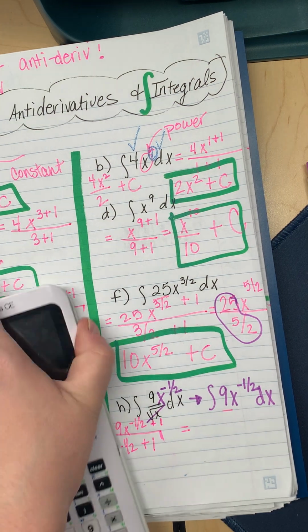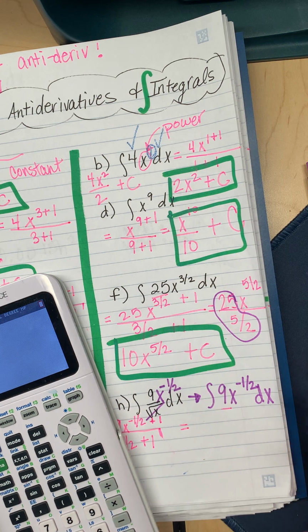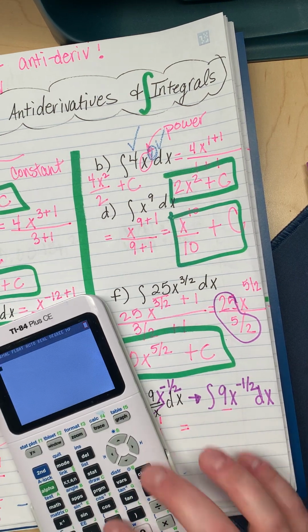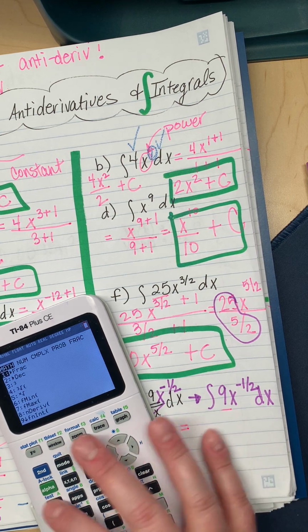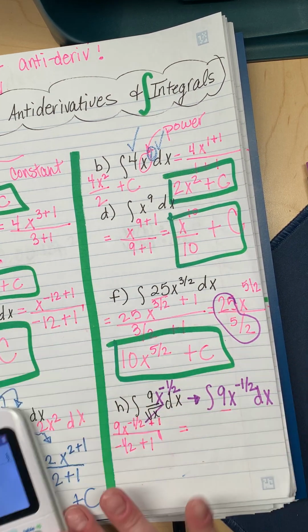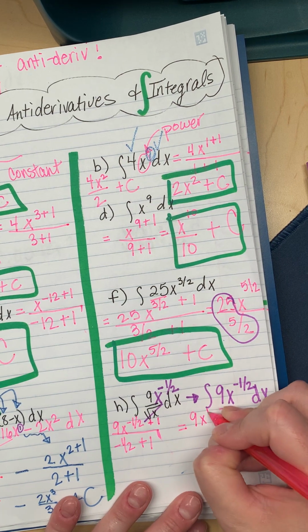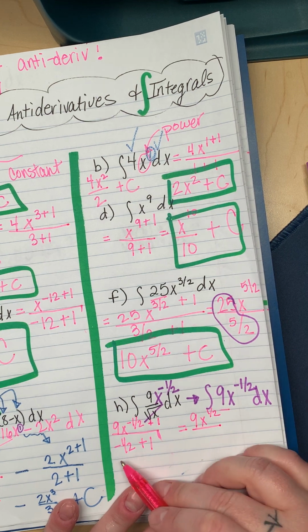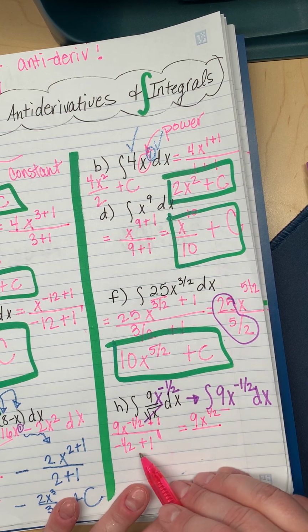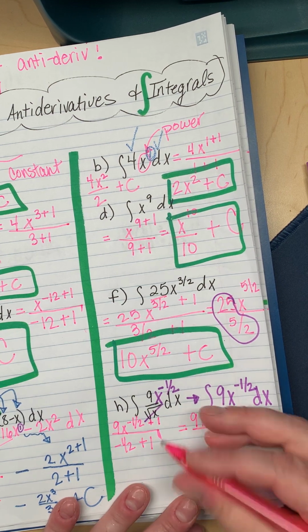Now I'm going to do that exponent plus 1 in my calculator, as in parentheses -1/2 plus 1, math enter, and I get 1/2. So this is 9x to the 1/2 all over, let's see, what was -1/2 plus 1? Well, it was whatever we got from the top, 1/2.